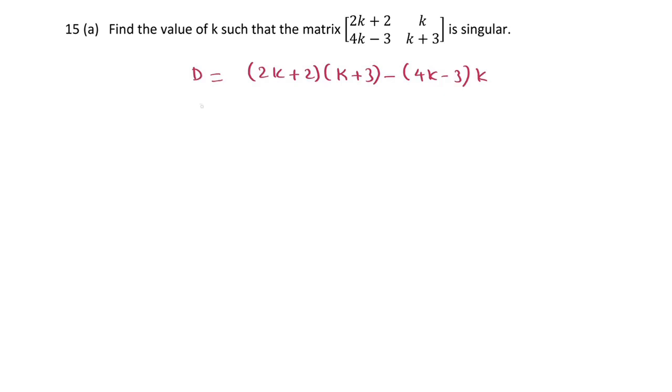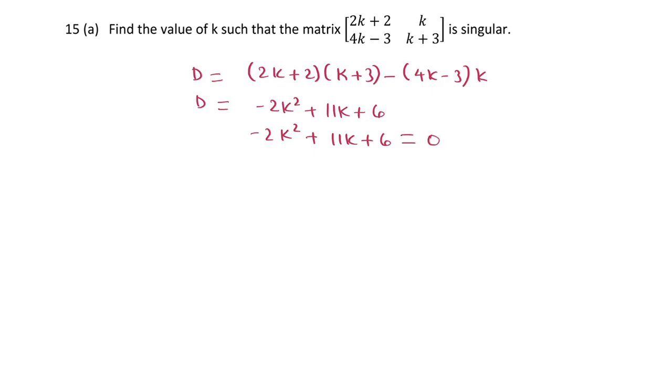We are going to have determinant equals to negative 2k squared plus 11k plus 6. Okay, so now let us equate our equation to 0. We are going to have negative 2k squared plus 11k plus 6 equals to 0.